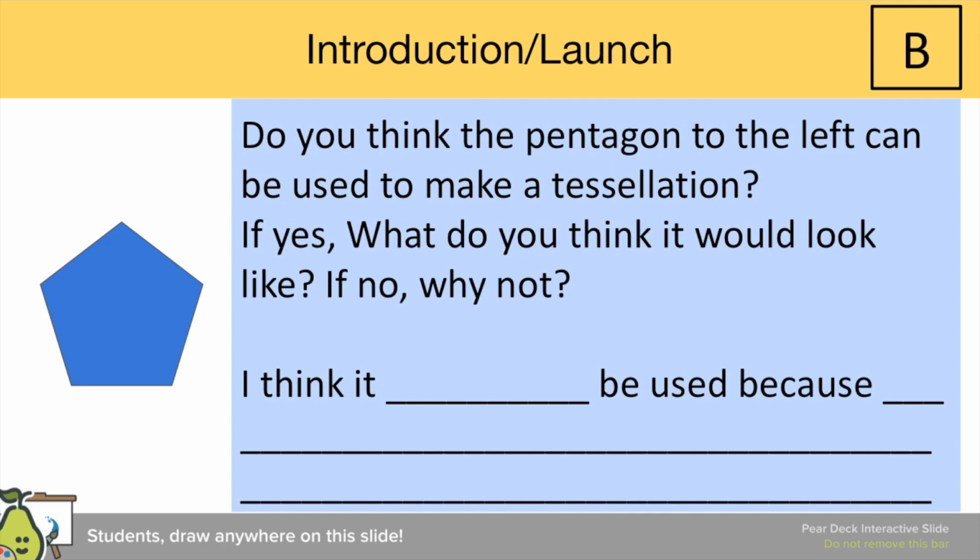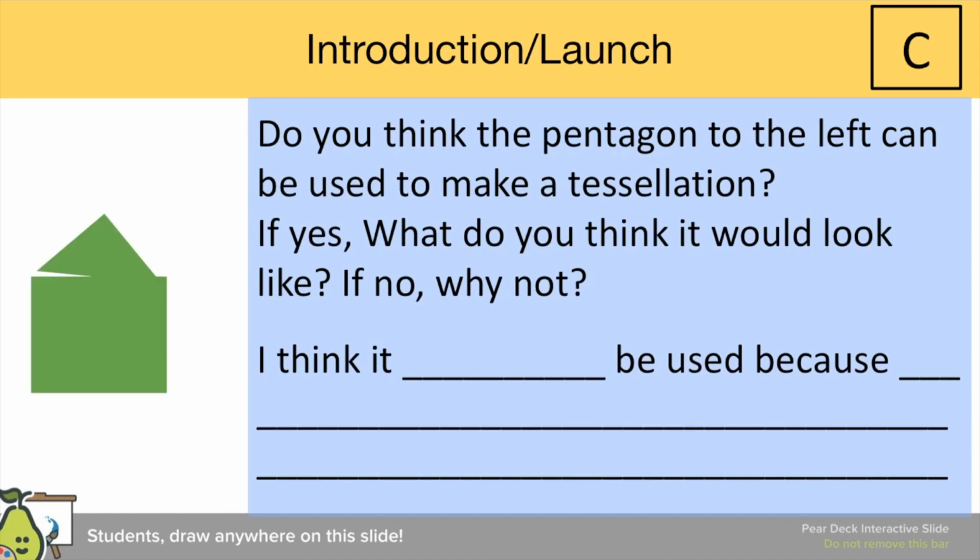To support students with disabilities, you can provide them a sentence frame, such as the one seen here. I think it blank, so can or cannot, be used because blank. Students should respond, I think it cannot be used in the shape that it is currently given.